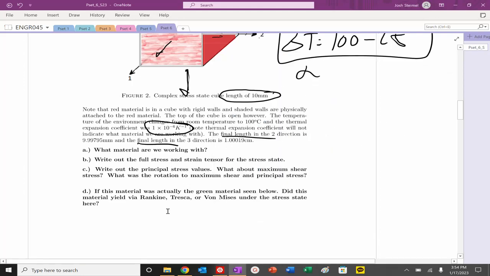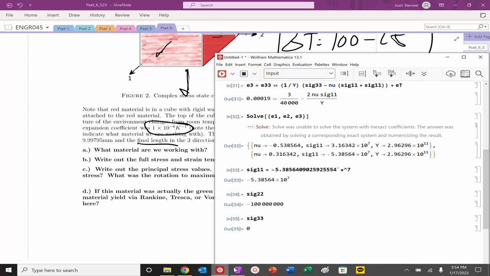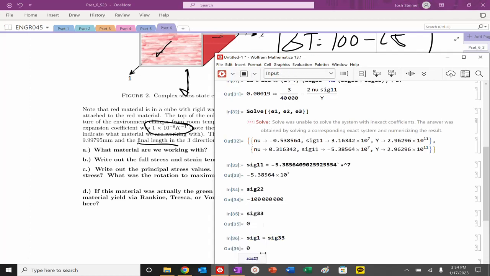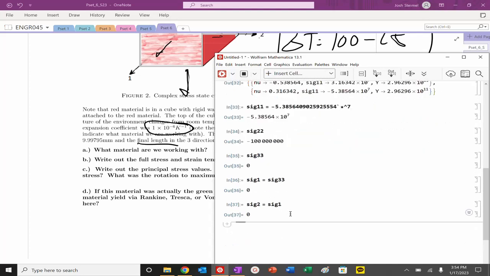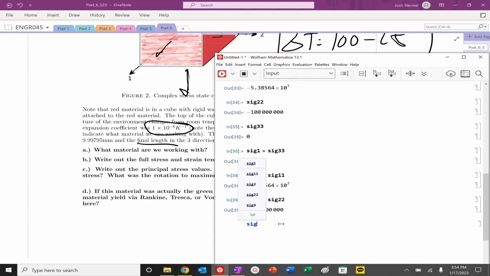What about maximum shear stress? That is just going to be, actually I'll define it right now. So sig 1 equals sig 33. Sig 2 equals sig 11, and then my sig 3 equals sig 22, and I'm going to find that my maximum shear stress would be sig 1 minus sig 3 divided by 2.